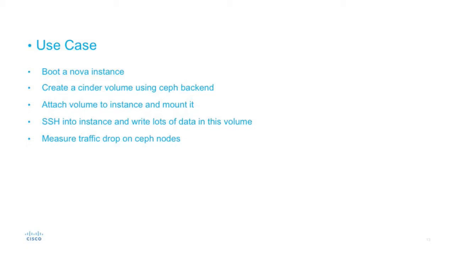My use case was pretty simple. Boot an instance, create a Cinder volume using the Ceph backend, attach the volume to the instance, SSH into the instance, write lots of data into the volume, and measure traffic drop on the Ceph nodes. I observed that as I was writing a lot of data in the instance and checking traffic drop on the Ceph nodes, the interface itself was not actually walking deep in the packet.